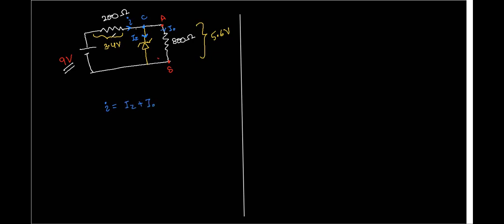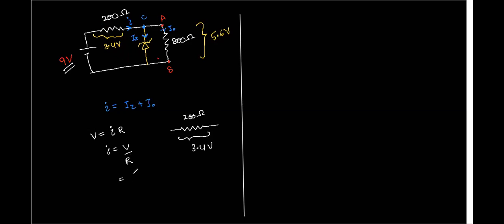right? Now, since I know this resistor has a resistance of 200 ohms and a voltage of 3.4 volts, I can find out the current through this resistor. Am I correct, class? Yes. So the current through this resistor, where the resistance is 200 ohms, is given by, again, Ohm's law, V is equal to IR, and so I is equal to V by R. Correct?